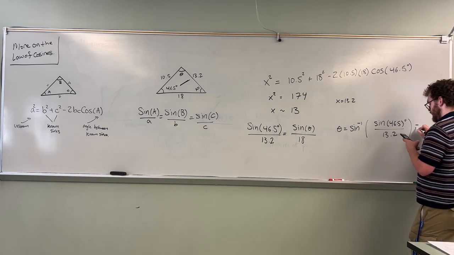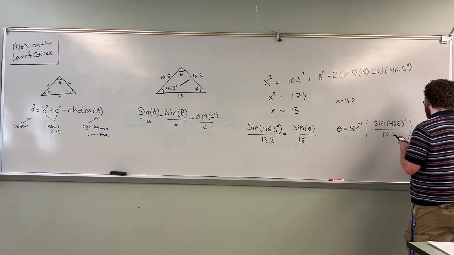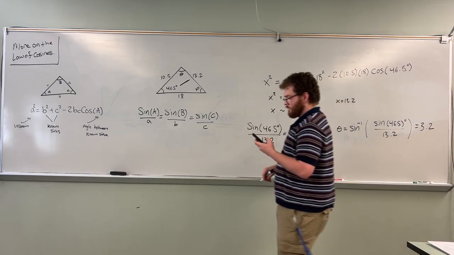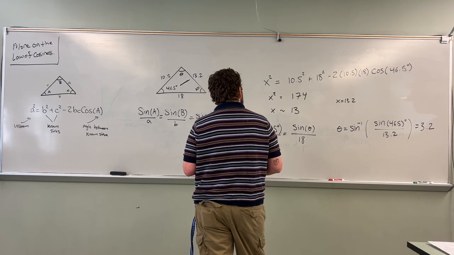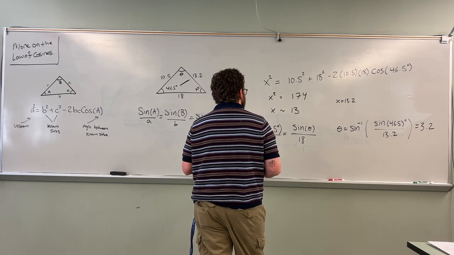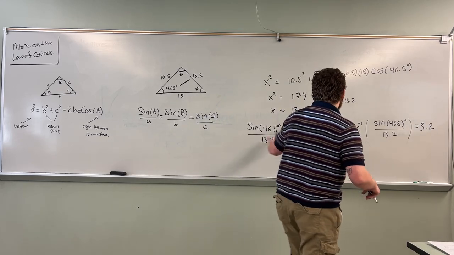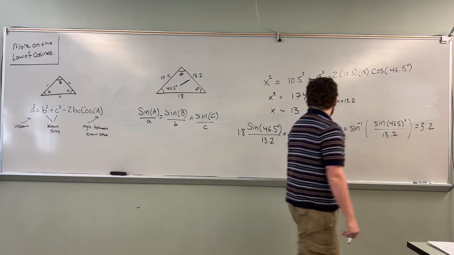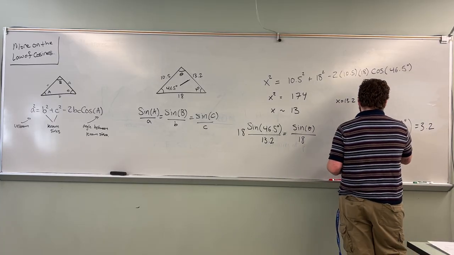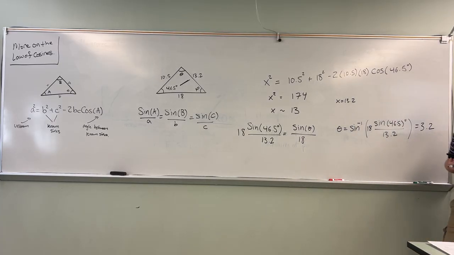And I get 3.2. Seems way too small. Oh, yeah, and then times 18. So there should be an 18 there too. So I'm taking the inverse sine of 18 sine. Okay. Yeah.